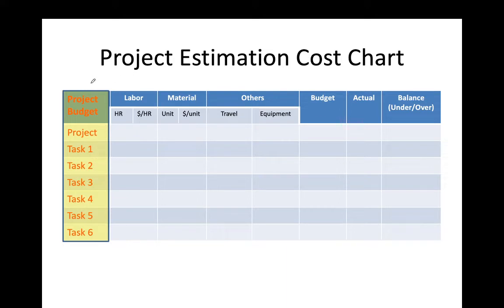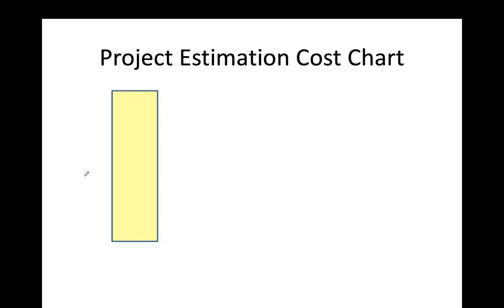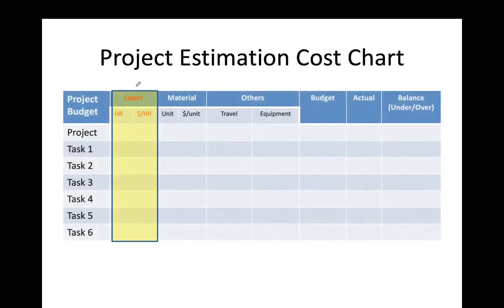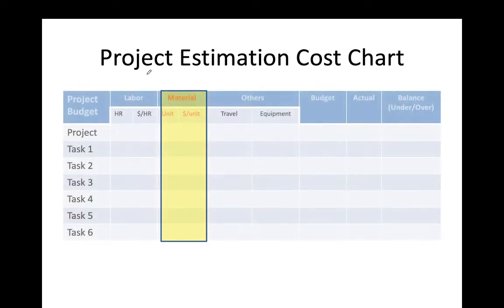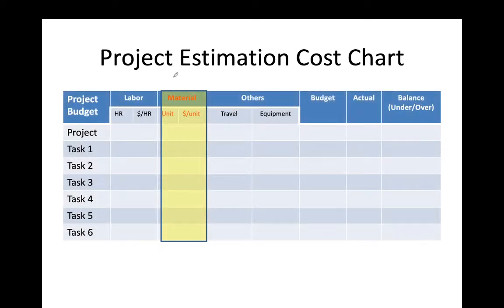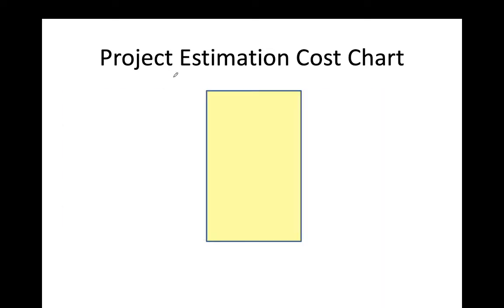As I told you earlier, the first thing is to list all our activities. The second thing is checking their labor costs. Third is material and material cost.